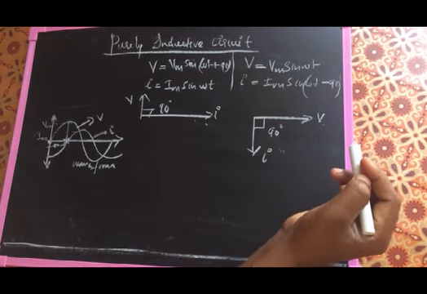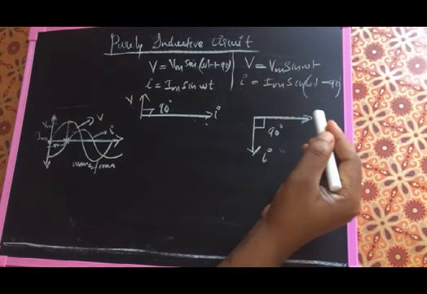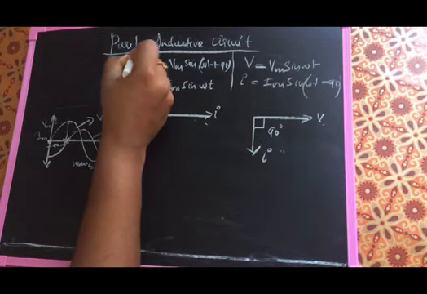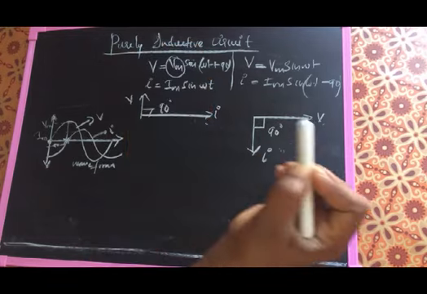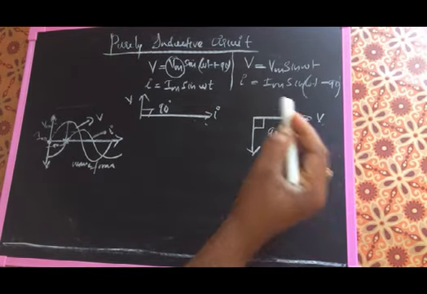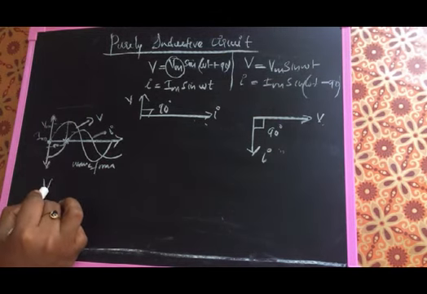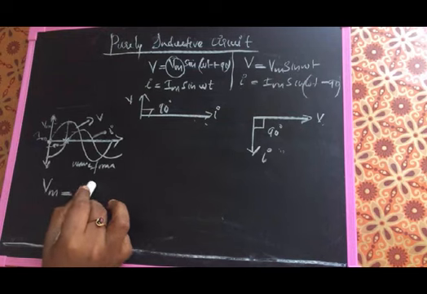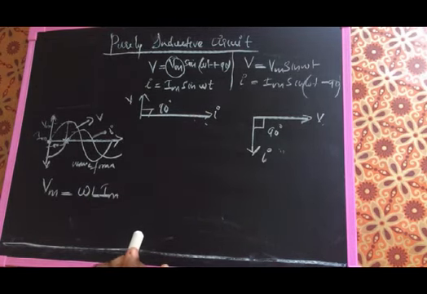Next, we are going to derive the equation of inductive reactance. For that, we know what is Vm. In the purely inductive circuit, we have already written Vm = omega L into Im.